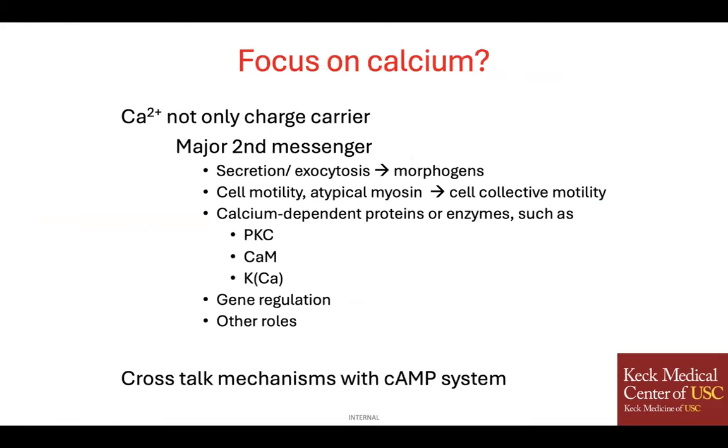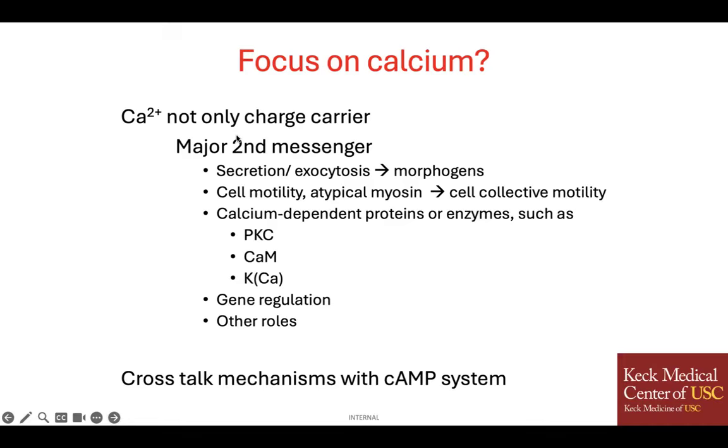I'm focusing on calcium for a very important reason. Calcium is a divalent cation, but it acts not only as a charge carrier, so it carries ionic current, but it's also a major second messenger. In this setting of development of the feather buds, and probably more generally other types of development, calcium probably plays an important role by triggering secretion of, in this case, we're really keen on understanding how morphogens might work.